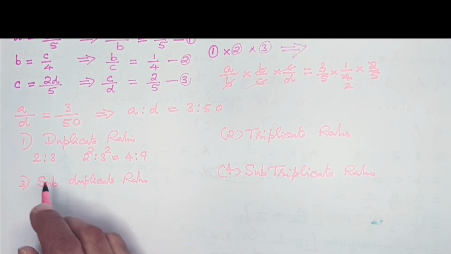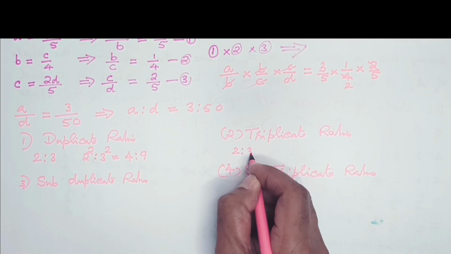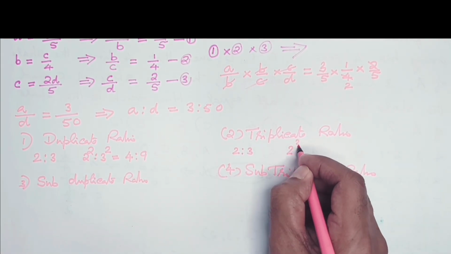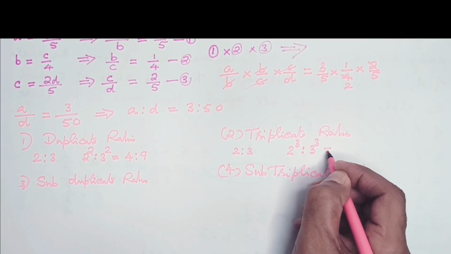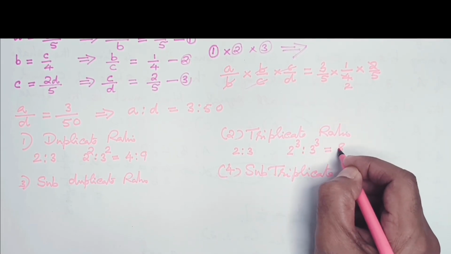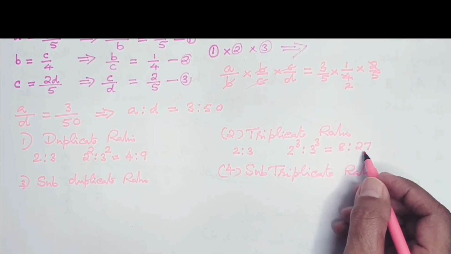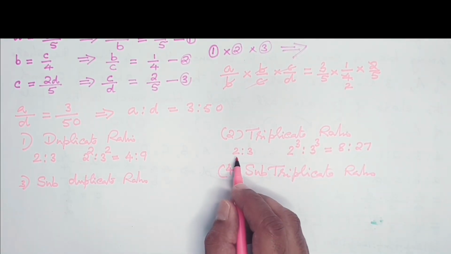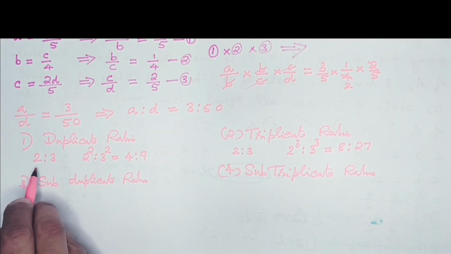Similarly, to get the triplicate ratio, you take the cubes of both the terms: 2 cubed 8, the other one is 27. So 8 is to 27 is the triplicate ratio of 2 is to 3. Similarly, 4 is to 9 is the duplicate ratio of 2 is to 3.